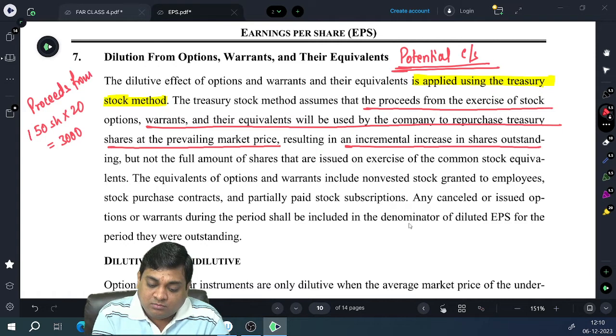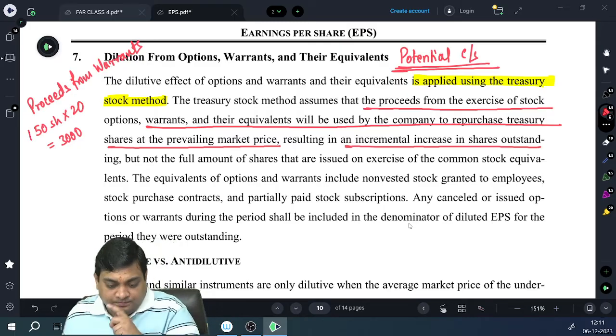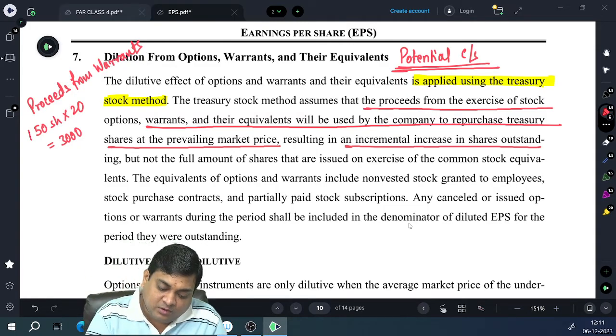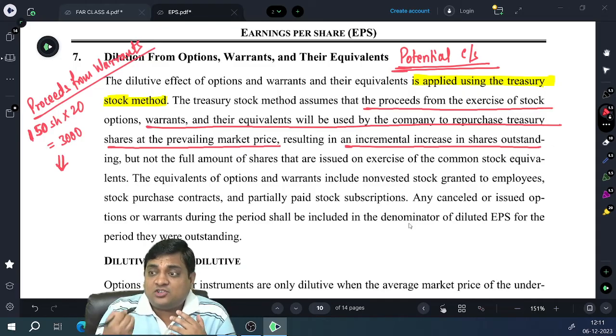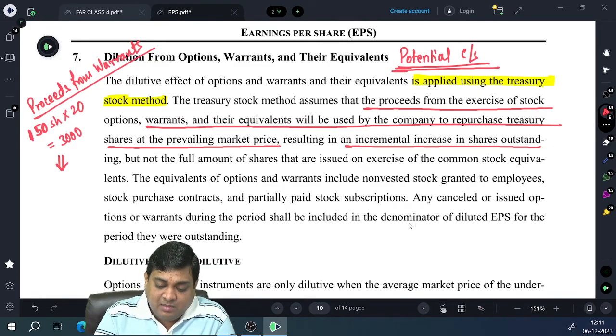Proceeds from warrants, right? So this is the proceeds I have got. Now suppose this money is used by the company to buy shares from the market, right, at the prevailing market price.